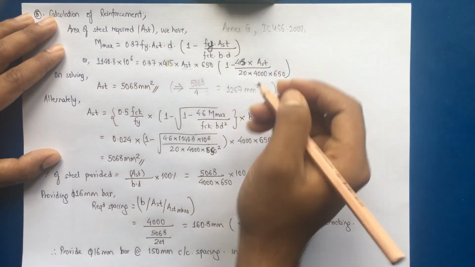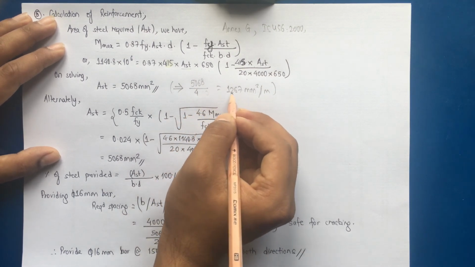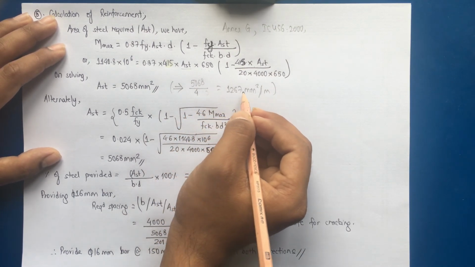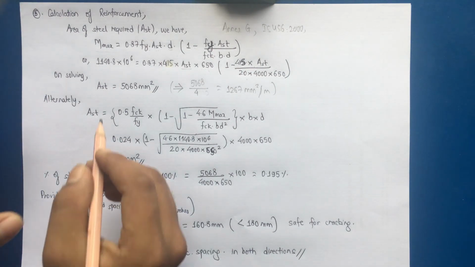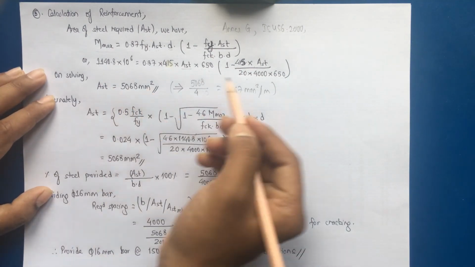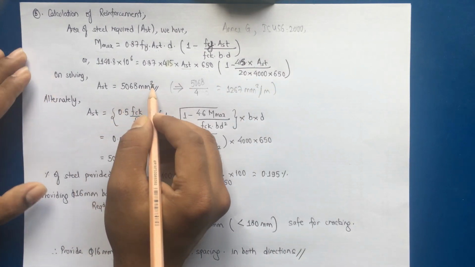If you want to understand the reinforcement per meter, then you can convert in this term, that is 1267 mm square per meter. But for now I am taking directly the width considered, that is 4000. So this comes as 5068 mm square.